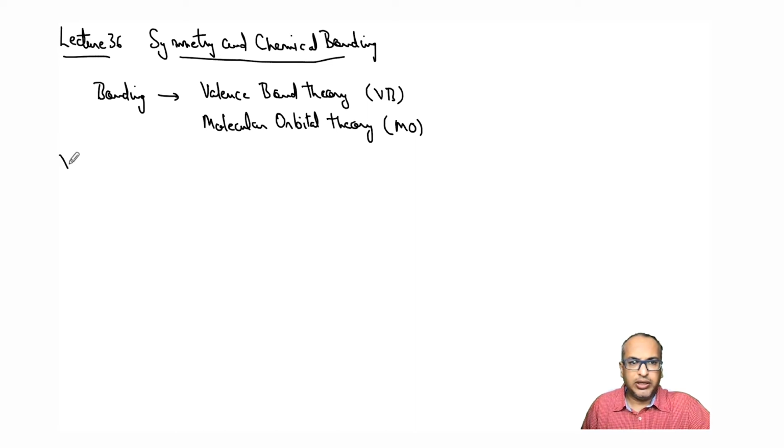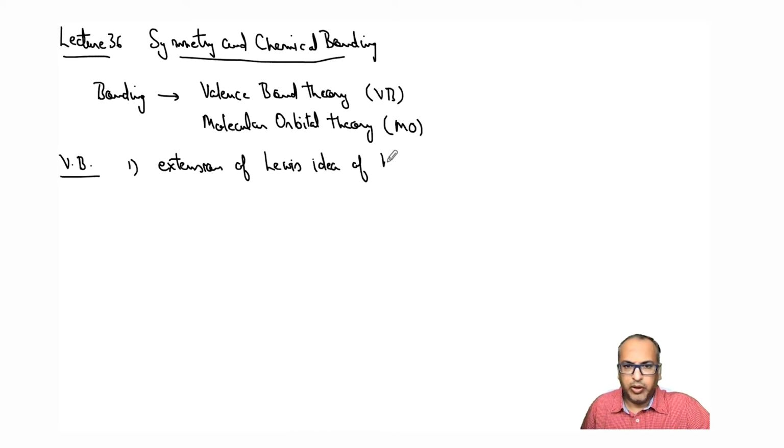Okay, so let us discuss what are the salient features of valence bond theory. Basically it is an extension of Lewis' idea of bond formation through sharing of electrons, right?